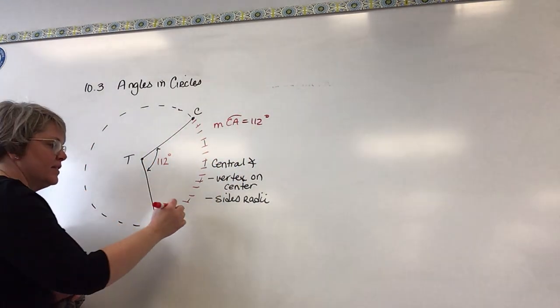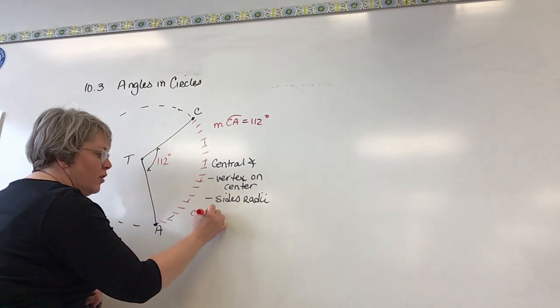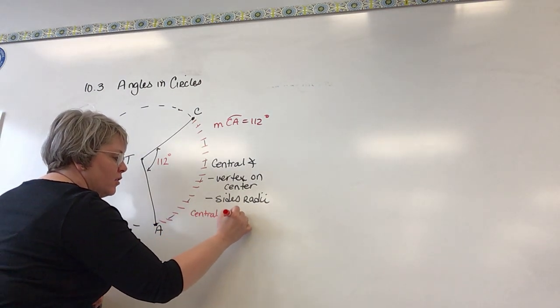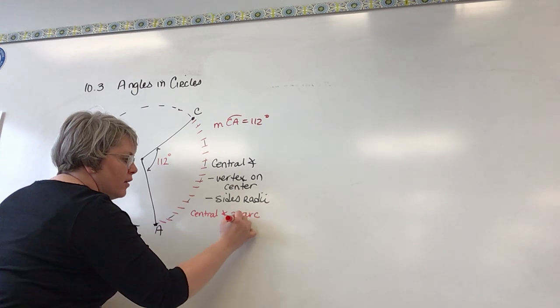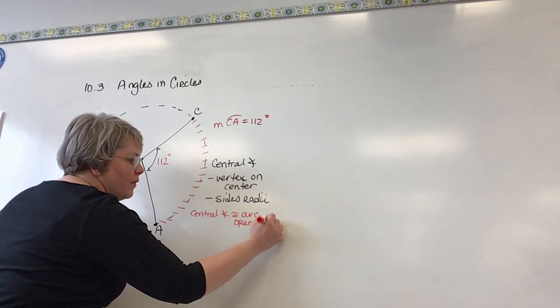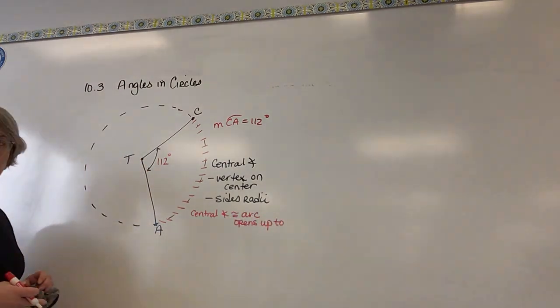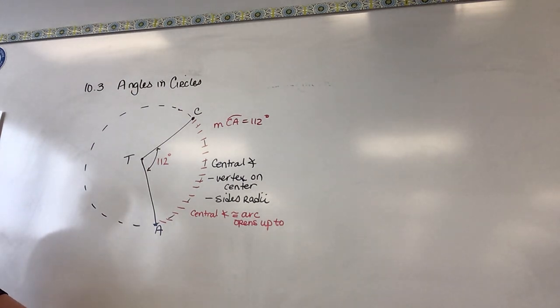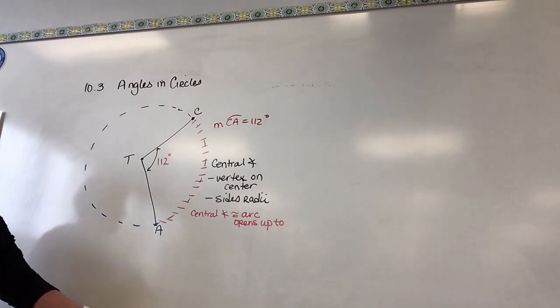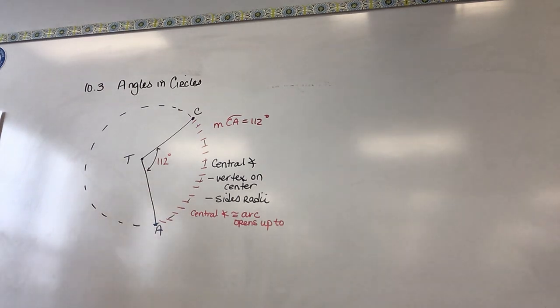So the theorem says the central angle is congruent to the arc that it opens up to. Easy enough? Okay, so all we do in the next few sections is move the vertex around.